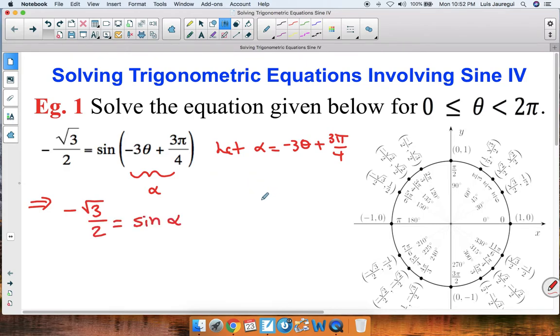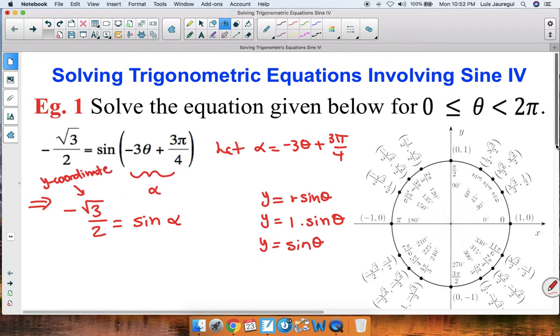Now, using the fact that y is equal to r sine of theta, and that we're dealing with the unit circle, so the radius is equal to 1, we can substitute that in for r, and we get that y is equal to sine of theta. So we're looking for any angles whose y coordinate happens to be negative root 3 over 2.